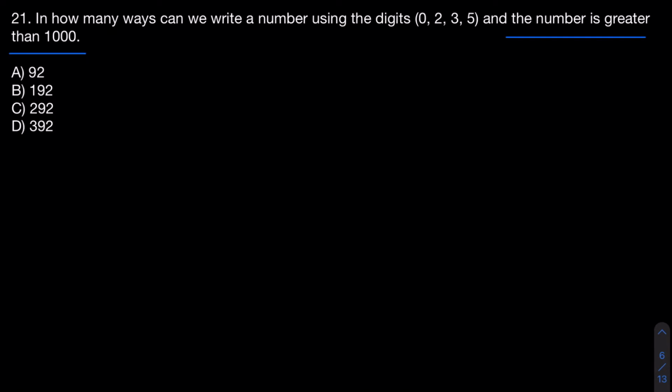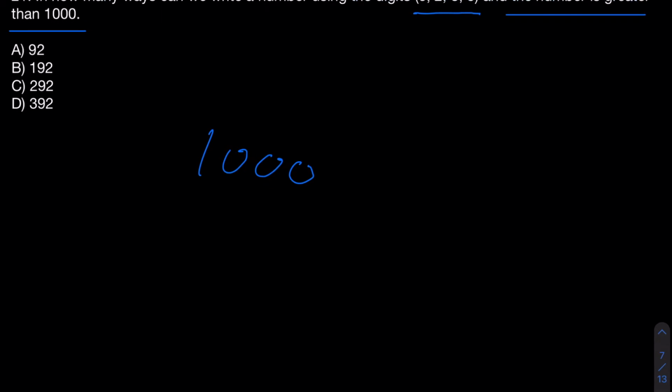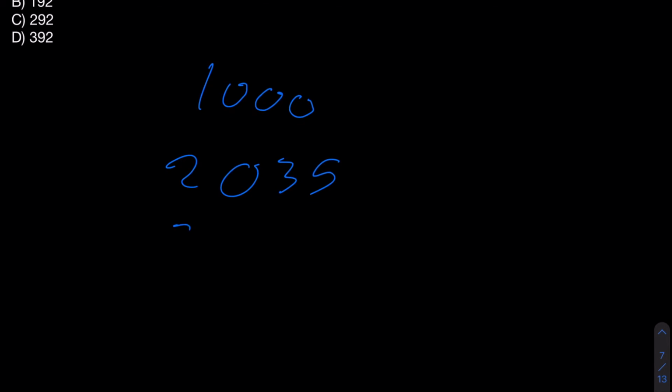Why? Because, okay, so let's write 1000 here. So we want to see how many ways we can use these digits to get any number that is greater than 1000, right? So for example, we can have 2, 0, 3, and 5. Or we can have 3, 2, 0, and 5.